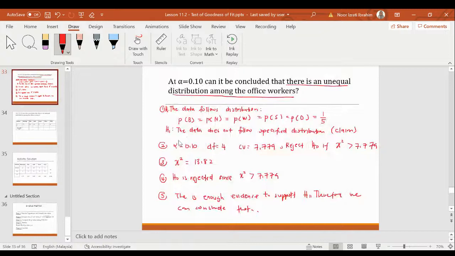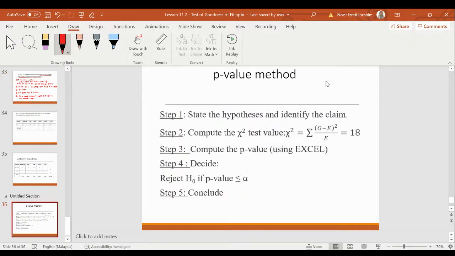Alright, so that's how we perform the test of goodness of fit by using the chi-square distribution. This is by using the p-value method, which you can apply when you do your group assignment. Step 1 is still the same, to state the hypothesis and the claim. Step 2 is to compute the chi-square test value.